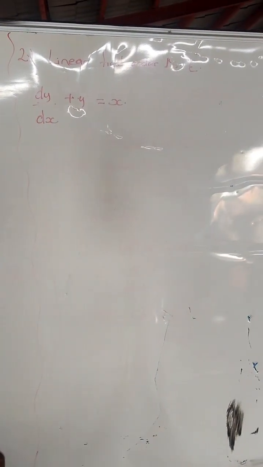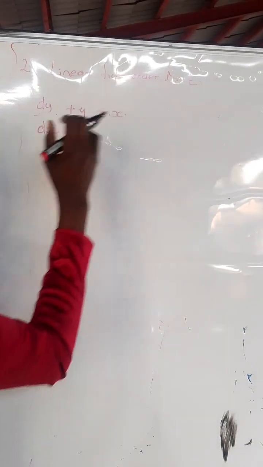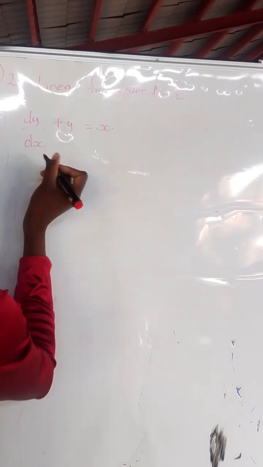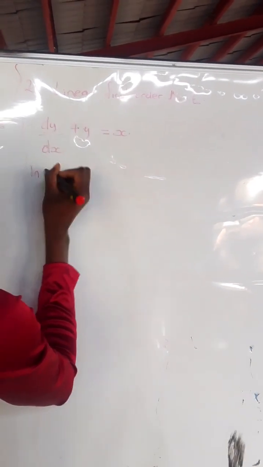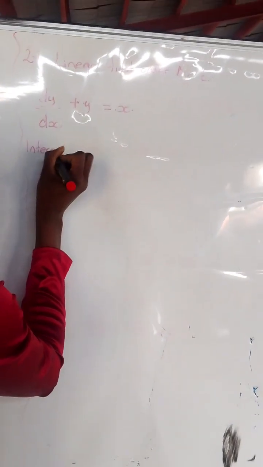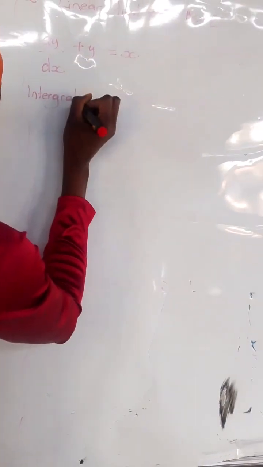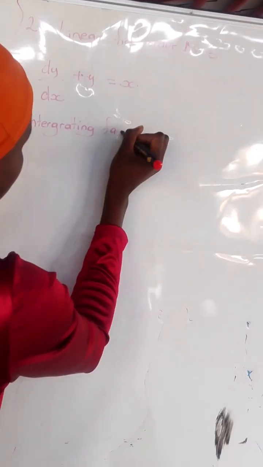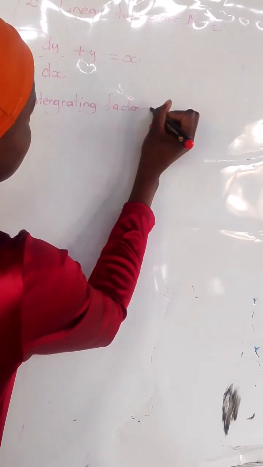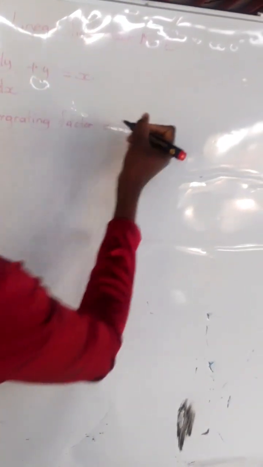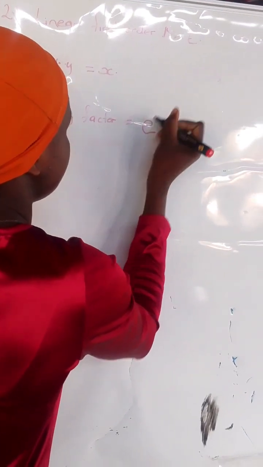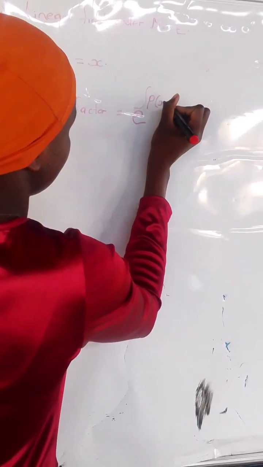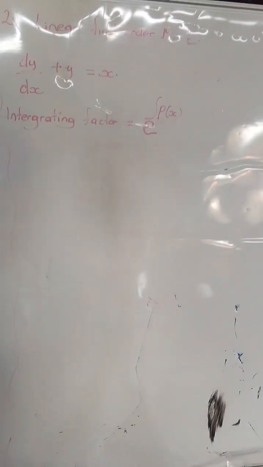Now how can we solve this? We can get the integrating factor. So our integrating factor will be equal to e power integral of P(x) in respect to x.